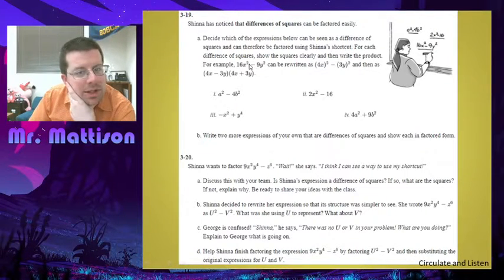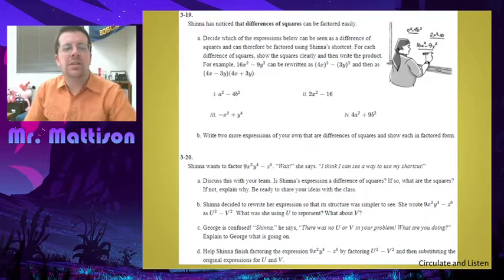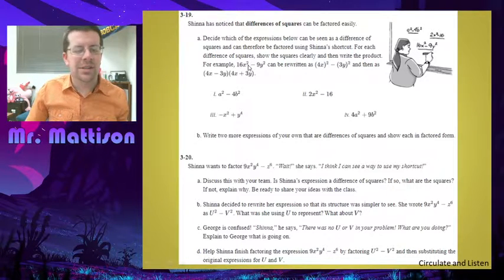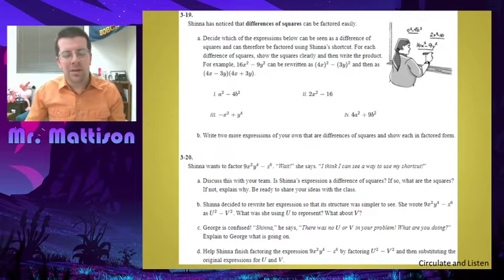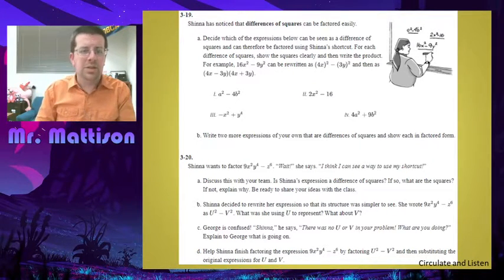And so, we're going to try and start writing stuff a little bit differently just for today to kind of help us see exactly what is going on. So if I have, for instance, here 16x squared minus 9y squared, I could say, well, 16x squared is the same as 4x in parentheses, that whole thing squared, minus 3y in parentheses squared.